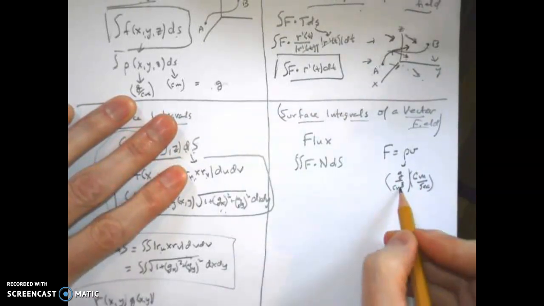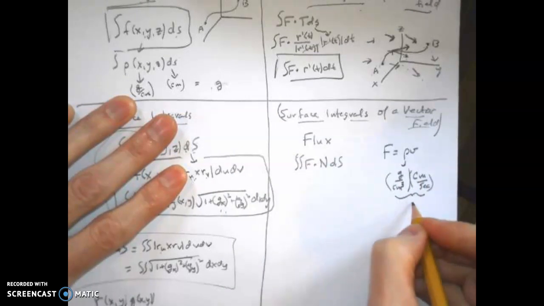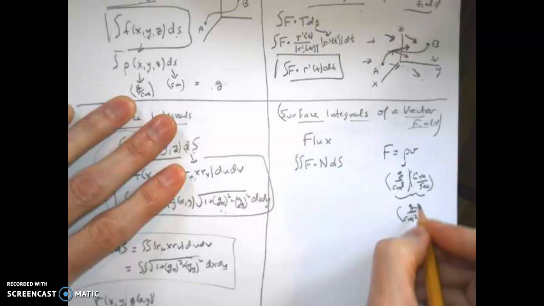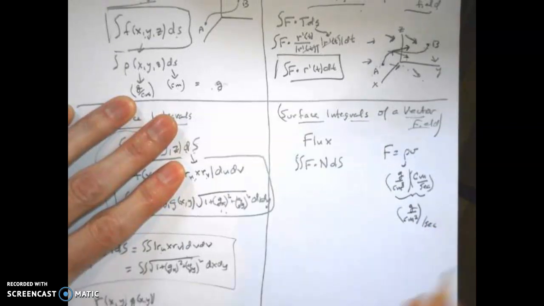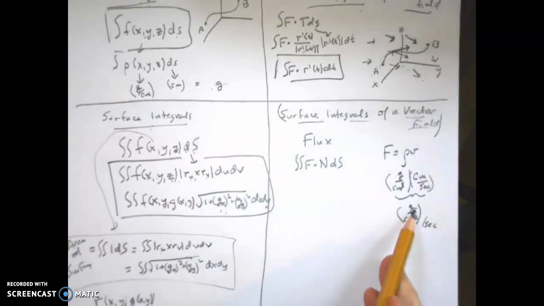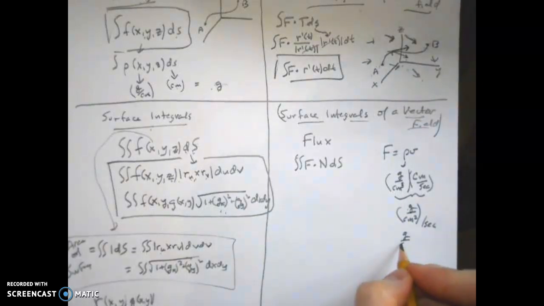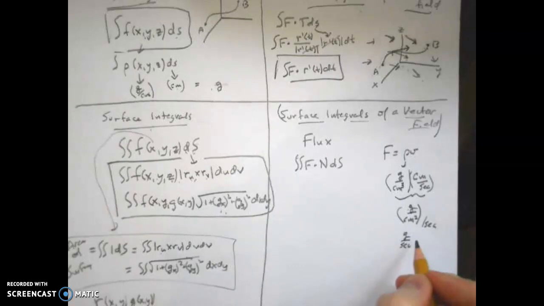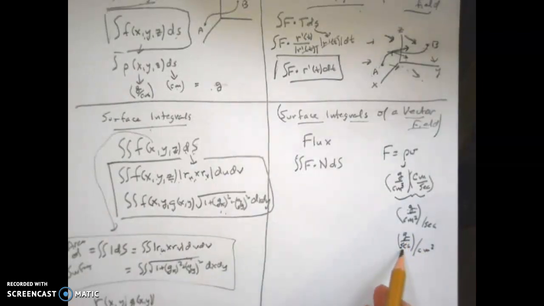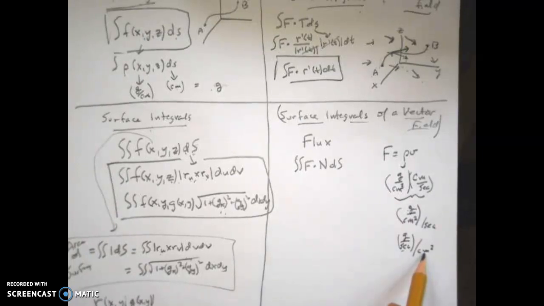Then one of the centimeters cancels, and this comes out to be grams per centimeter squared per second, which makes sense. How many grams per second are passing through the surface per centimeter squared of the surface?